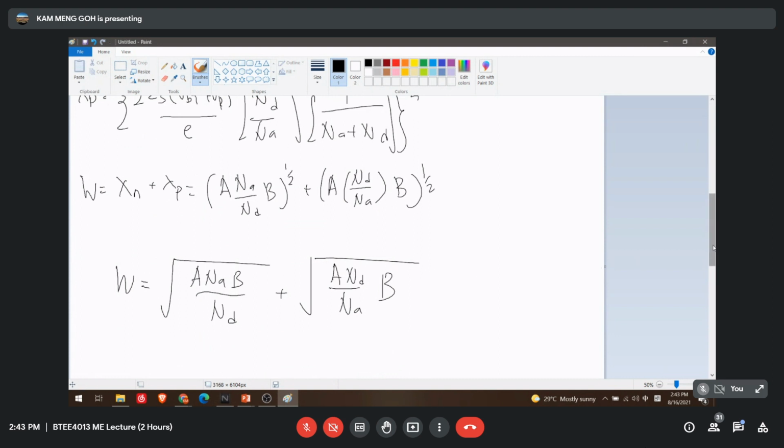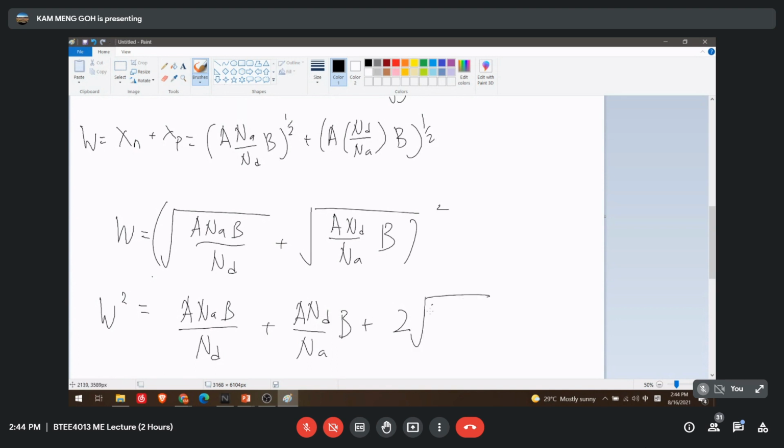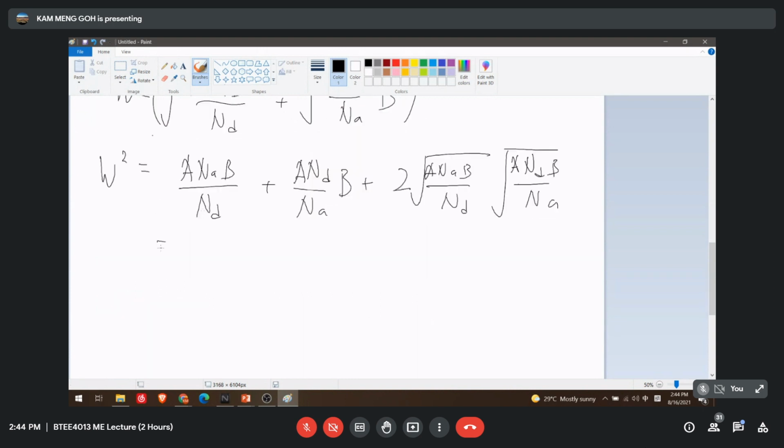Okay, and then let's see how we're going to do this. If we square this, then we will square this thing together. Then this will be A, NA, B over ND, plus A, ND, B over NA, and then plus 2 times the square root of A, NA, B over ND, times the square root of A, ND, B over NA.